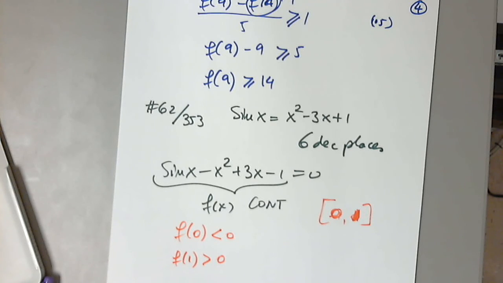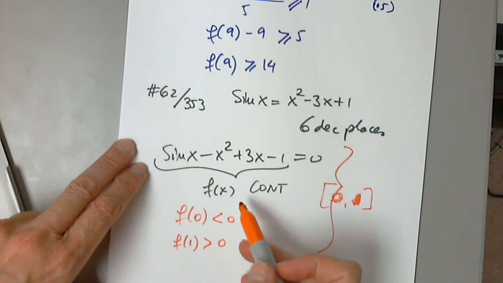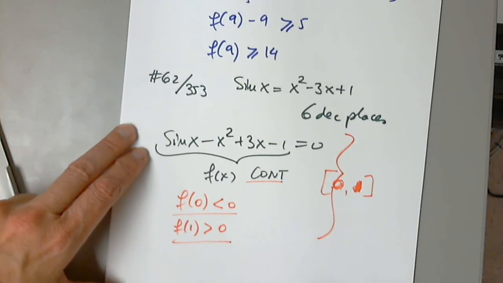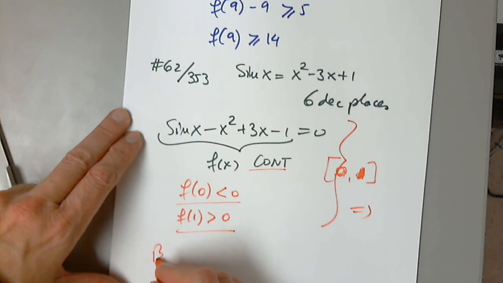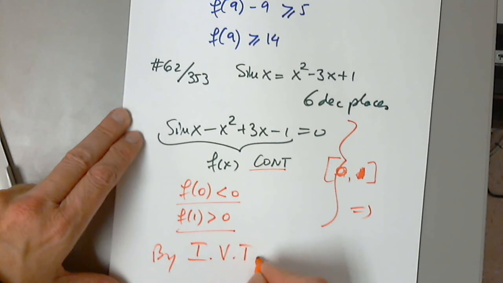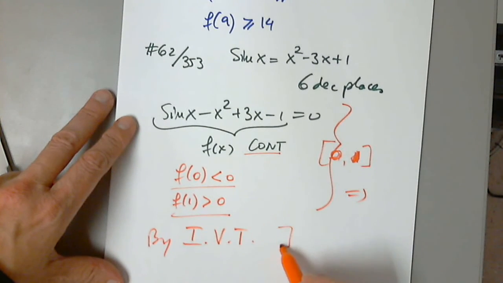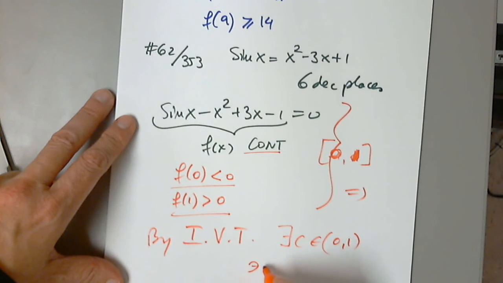So a continuous function that changes sign on the interval 0, 1, by the intermediate value theorem guarantees a c for which f of c is 0. So these conditions, continuous and changes sign, by the intermediate value theorem, there exists a c in the open interval 0, 1 such that f of c is 0.